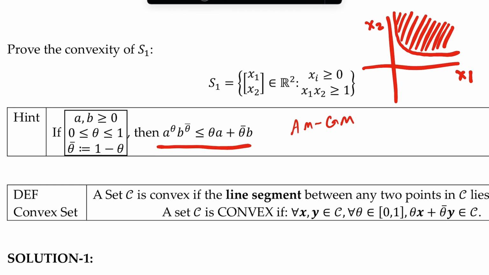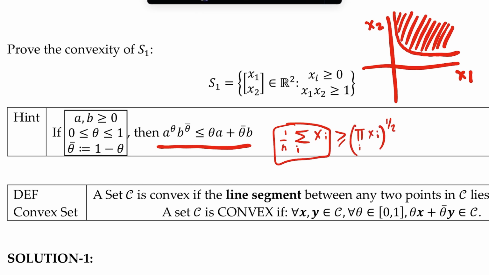What was that? The arithmetic mean is always greater than or equal to the geometric mean. This is the geometric mean, right? And in general, how we would write that: this is the arithmetic mean and this is the geometric mean, right?